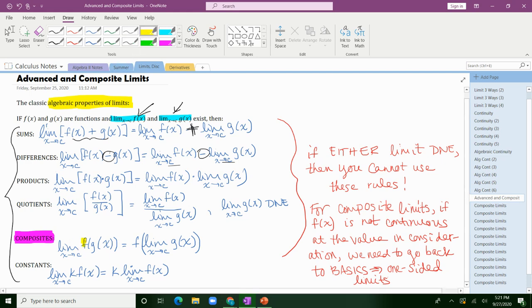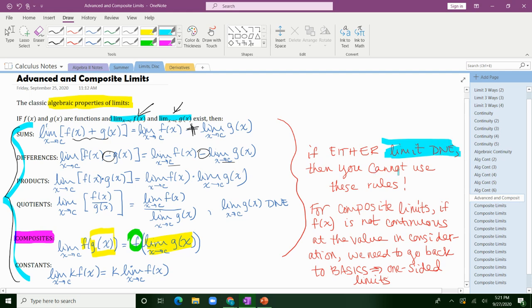If you have f of g of x, then you start on the inside and find the limit of g of x, and then you input that into the outside function f. Okay, so that's all fine, but what the video is mainly going to focus on is what happens when you try to use these nice rules, but one of the limits does not exist.